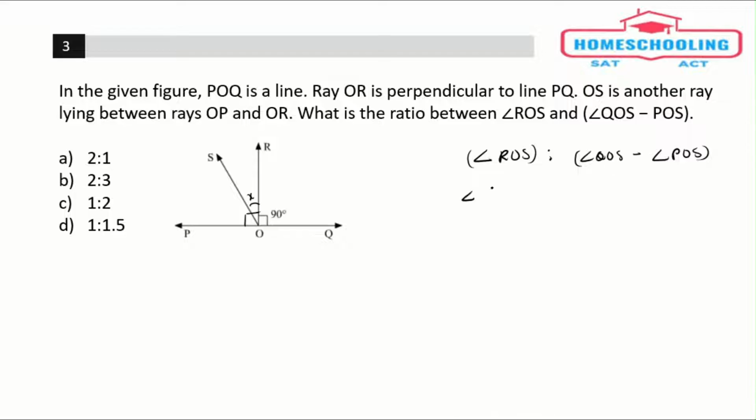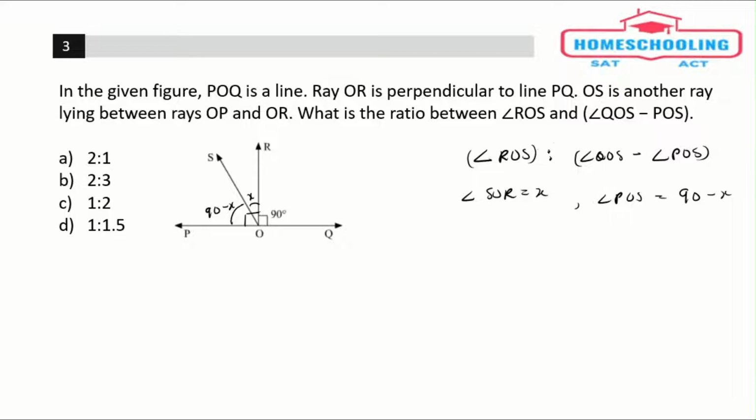If angle SOR is x, then we can write that angle POS would be 90 minus x. So now we know both the angles.